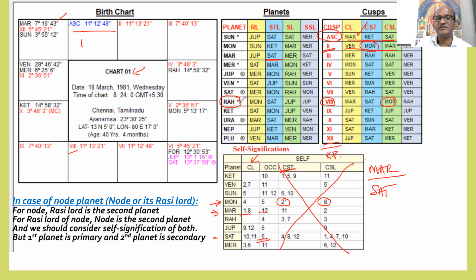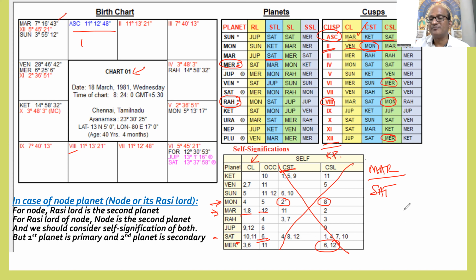If Mercury and Rahu are cuspal sublord for any house, say Mercury is cuspal sublord for 6 and 12, then Mercury, being an untenanted planet, will be the strong significator of the 6th and 12th houses. That is the golden rule in KP. In other words, if it is not an untenanted planet, we are not considering this Mercury as the significator of the 6th and 12th.